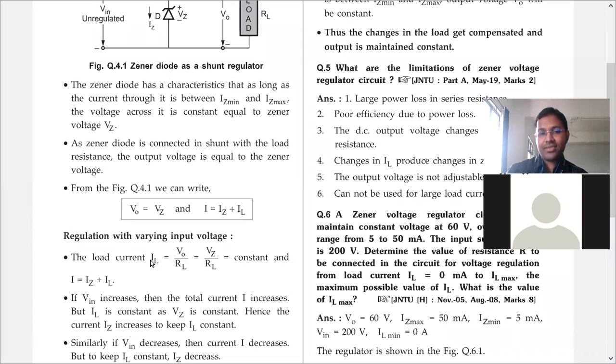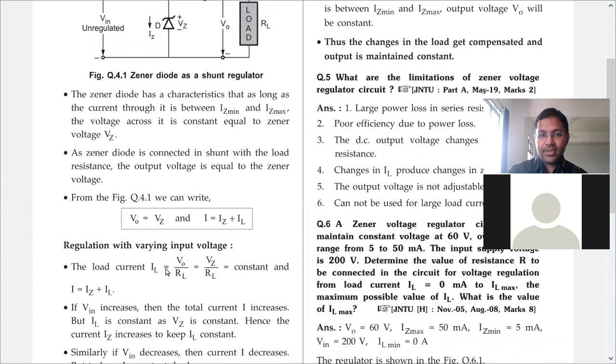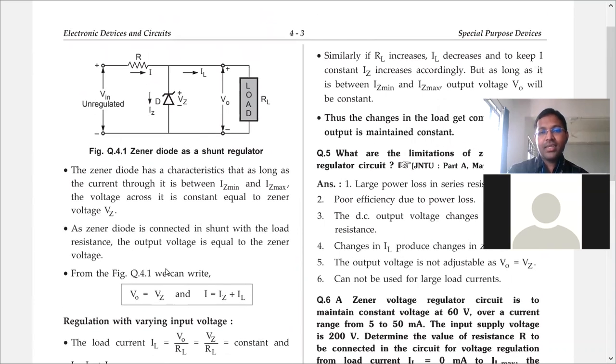RL is constant. So IL will be varying or constant? Constant, very good. As long as RL is constant, and Vz is anyway constant, IL will be constant.